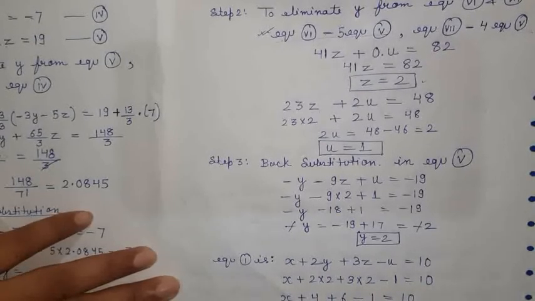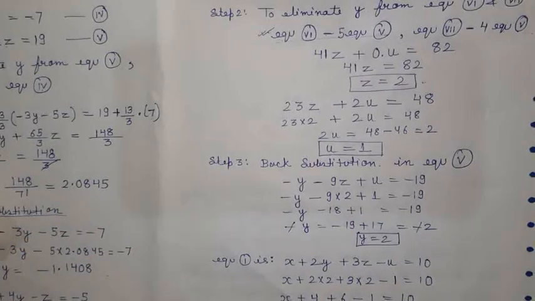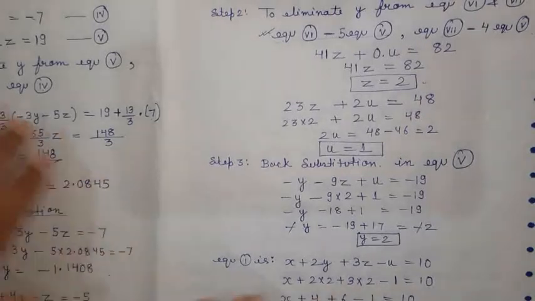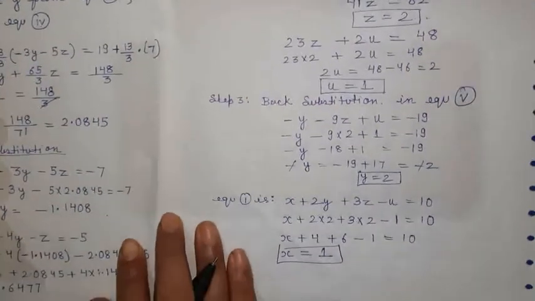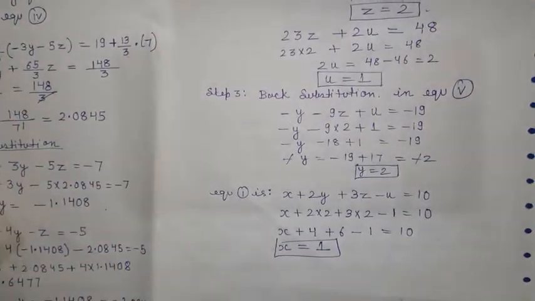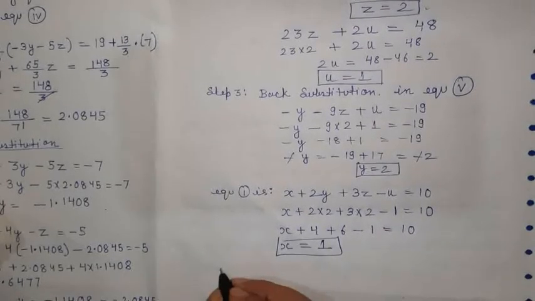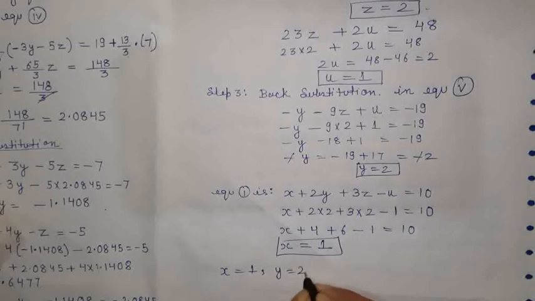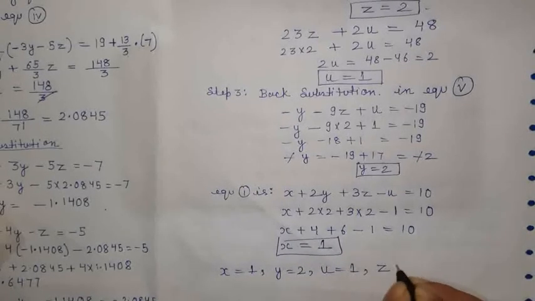So 9 goes to the other side, and then x becomes 1. Like this way we have got the values: x equal to 1, y equal to 2, u equal to 1 and z equal to 2.